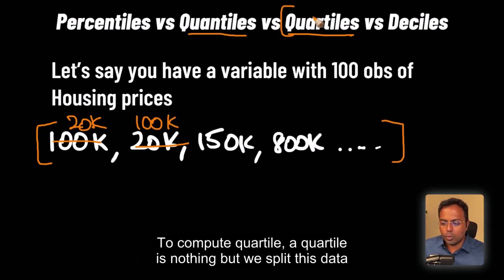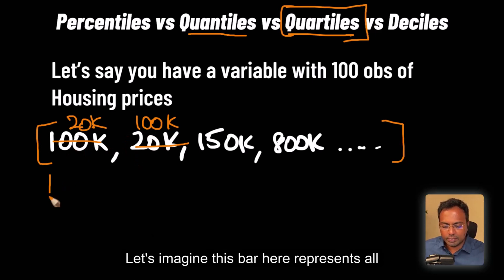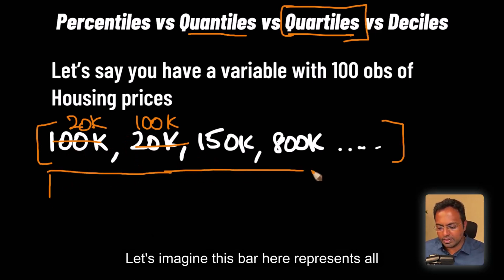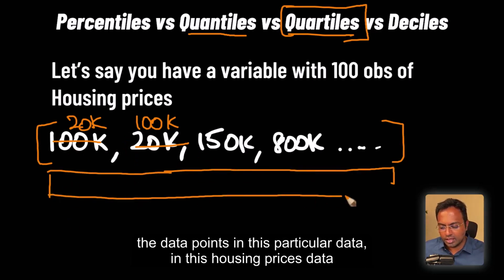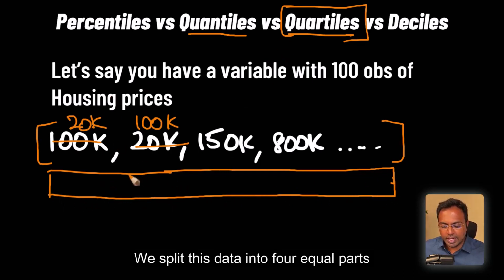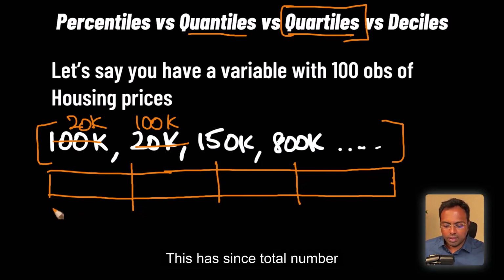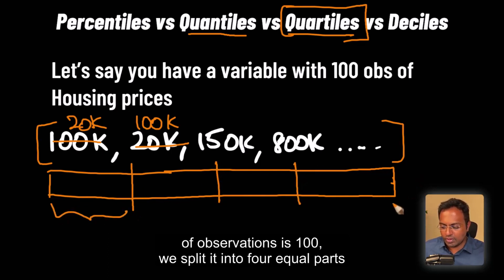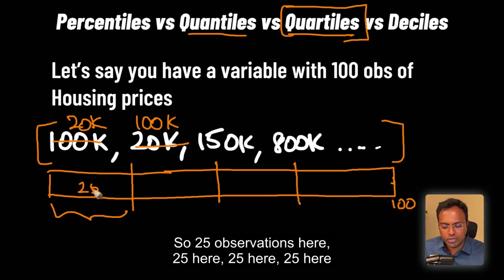To compute quartile, we split this data. Let's imagine this bar here represents all the data points in this housing prices data. We split this data into 4 equal parts. Since total number of observations is 100, that is 25 observations here, 25 here, 25 here, 25 here.